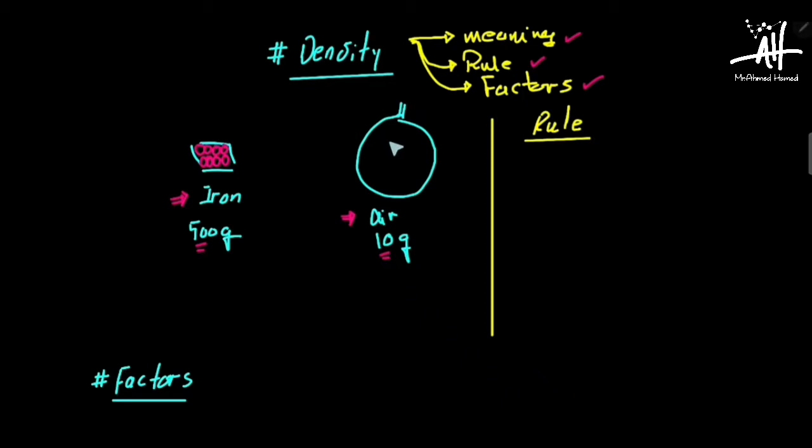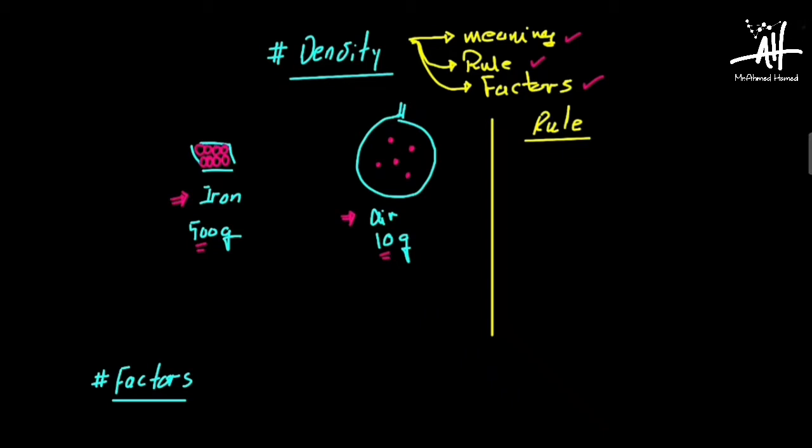But inside the air, we will find that the particles are smaller or light particles, and they are far apart from each other. So inside the iron we have heavy particles, and they are close to each other. But inside the air balloon they are small particles, and they are far apart from each other.